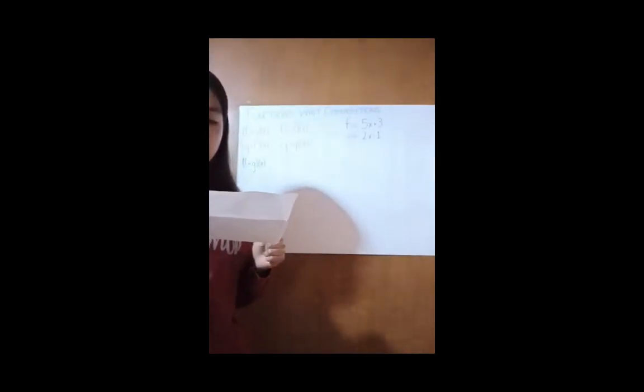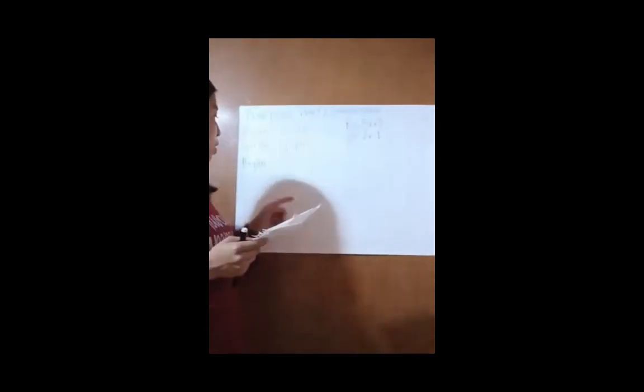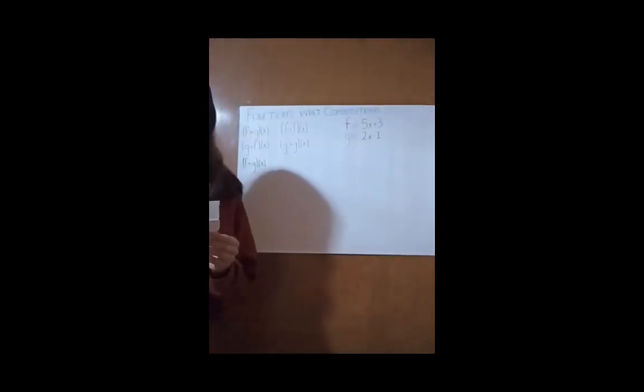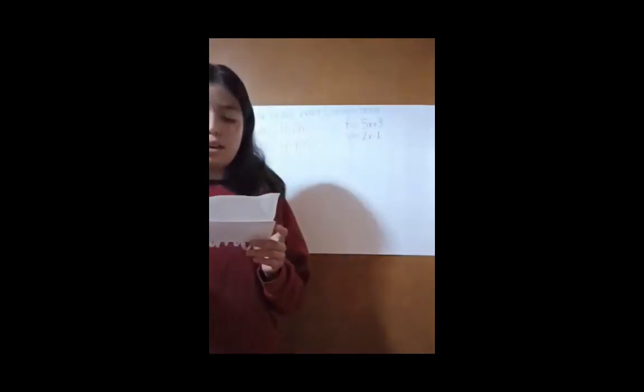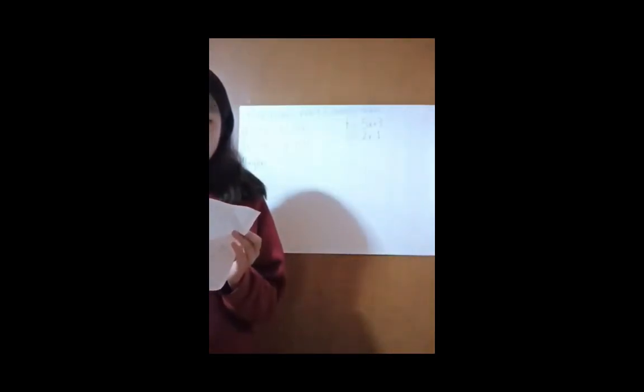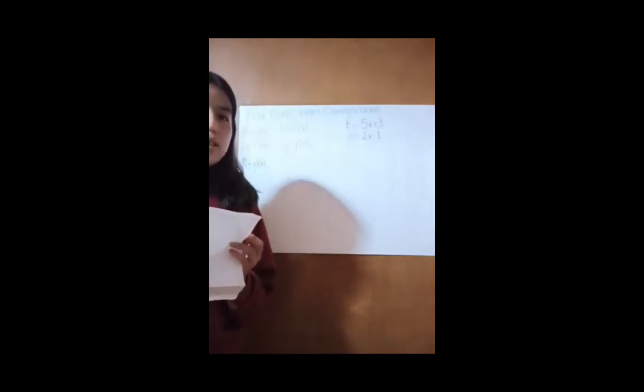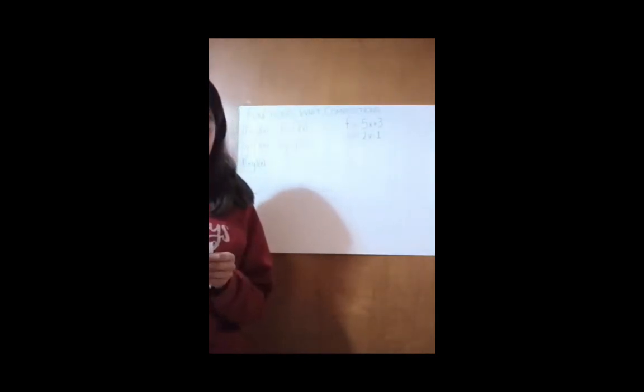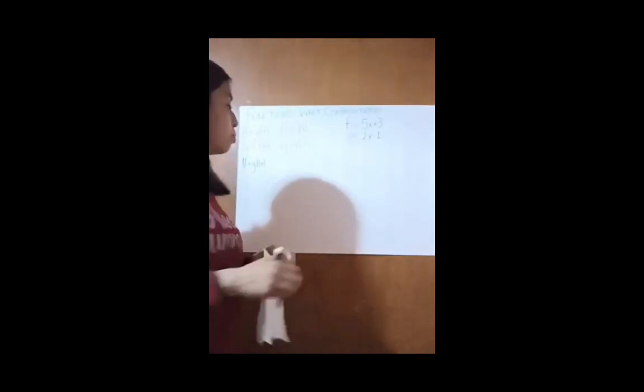What this means is that in each x of f, we are going to replace g. That is, instead of the x, we are going to write parentheses, and inside the parentheses we put the 2x minus 1, that is g.